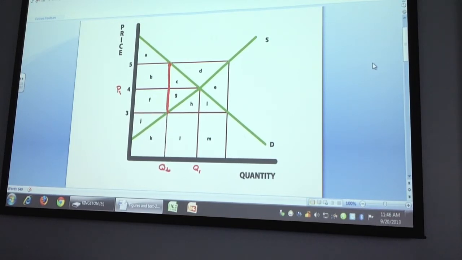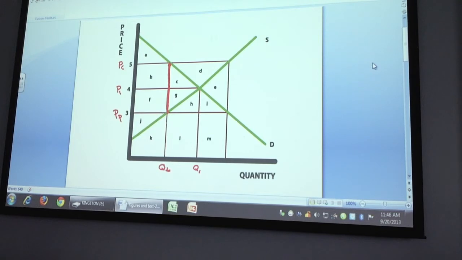The top part of the wedge touches the demand curve, giving us the price that consumers pay. And the producers, the farmers, are not going to be getting $5. $5 minus $2 gives you $3, the price the farmers or the producers are going to receive.